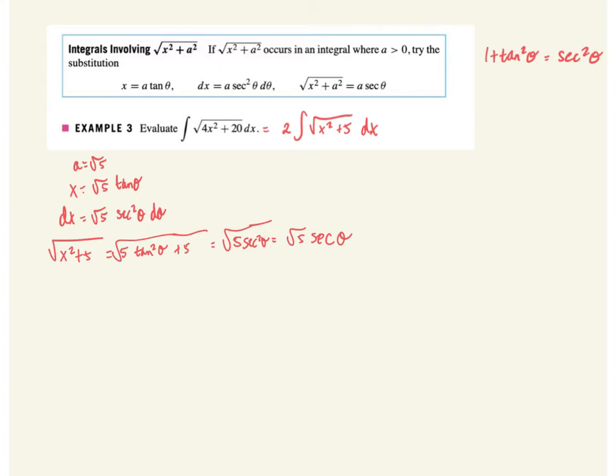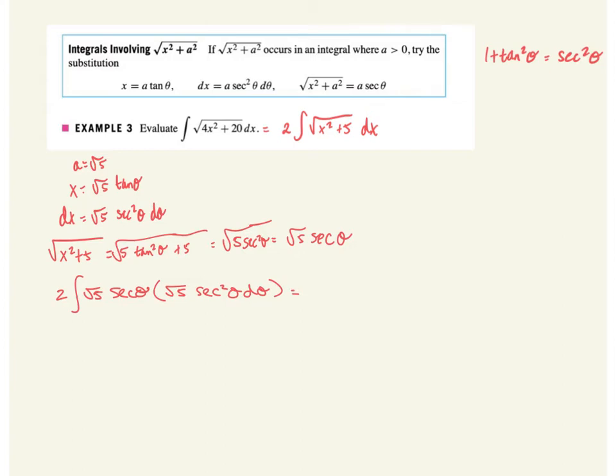Okay, so now we have all the pieces we need. So 2 integral of root 5 secant theta times root 5 secant squared theta d theta, to substitute for dx, which is equal to root 5 times root 5.